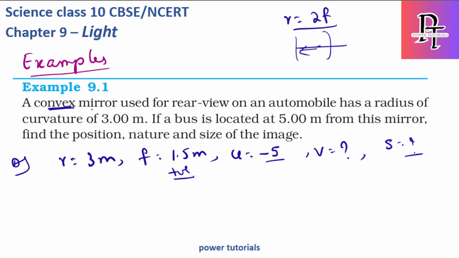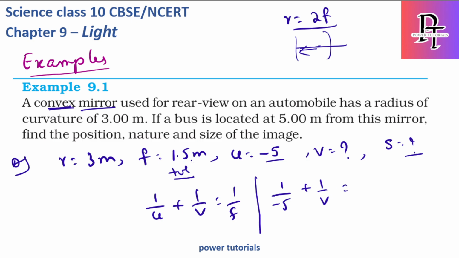Now let's apply the mirror formula. What is the formula? 1 by U plus 1 by V is equal to 1 by F. Substitute the values. U value is minus 1 by 5 plus 1 by V is equal to 1 by 1.5. So 1 by V becomes 1 by 1.5 plus 1 by 5.